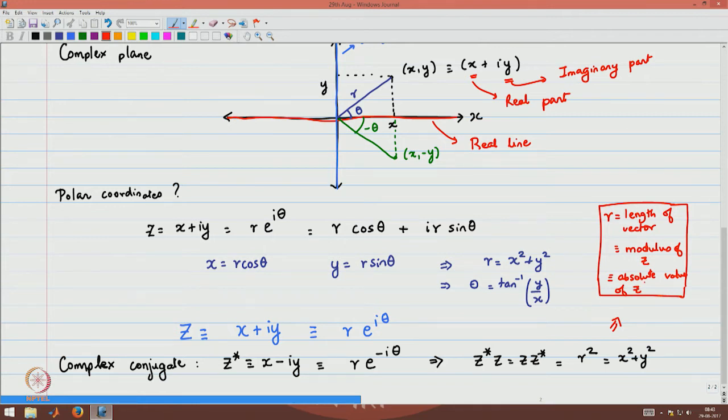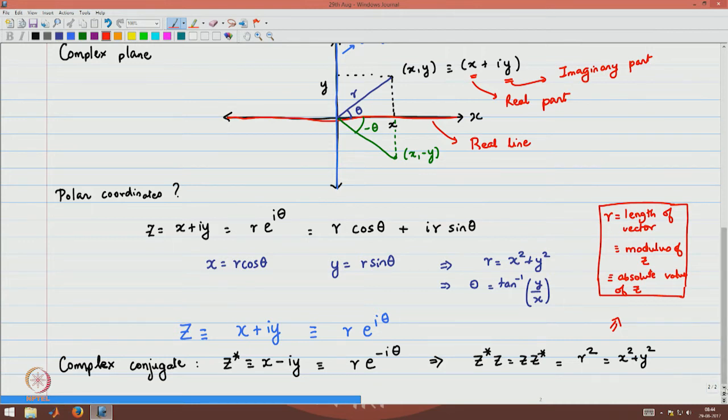So if you have a complex variable x plus i y, you can immediately identify that its absolute value is the square root of x square plus y square. So this is the basics about complex variables.